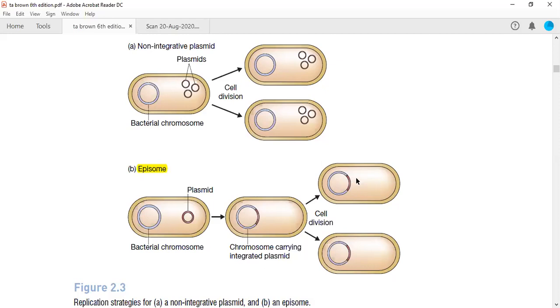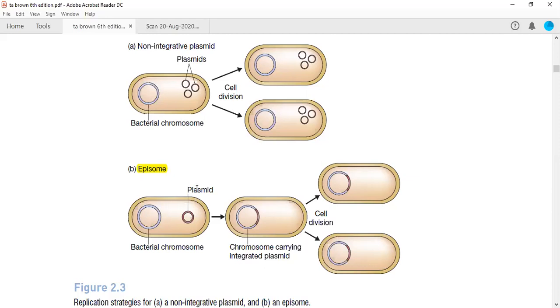But this is not always. Sometimes this will reverse back. The plasmid will cut itself out from the bacterial chromosome and form the plasmid again. But again, a question mark, because when this happens, the plasmid may lose some of its genes to the bacterial chromosome, or some genes from the bacterial chromosome may come into the plasmid when it is restored.